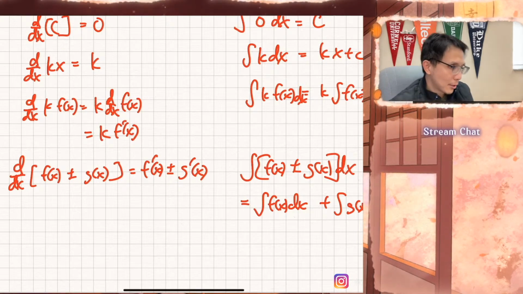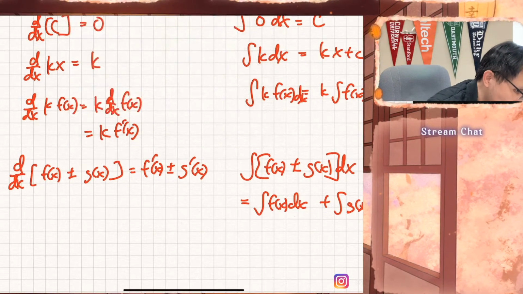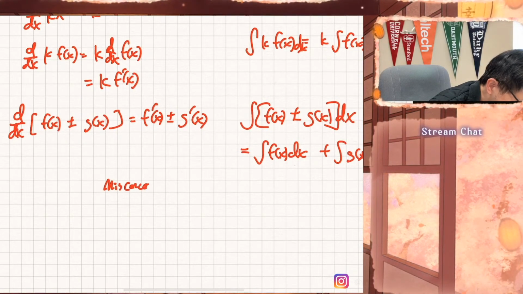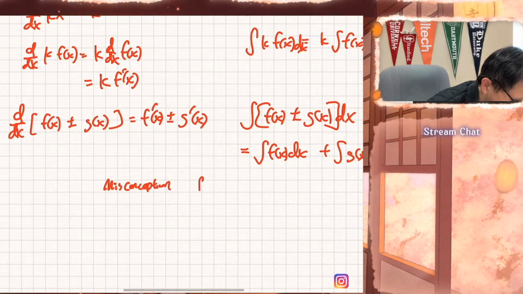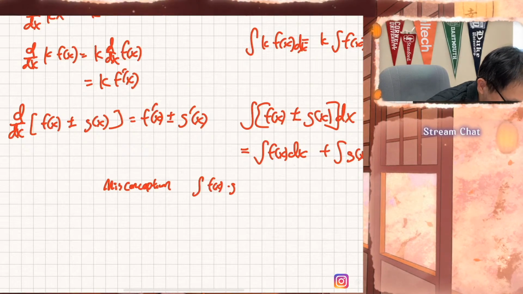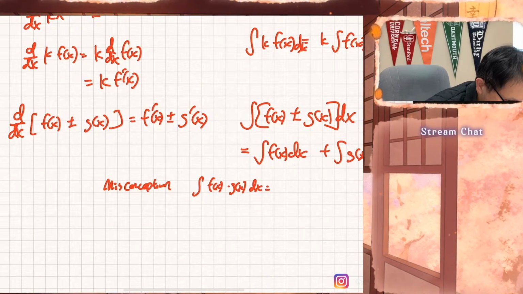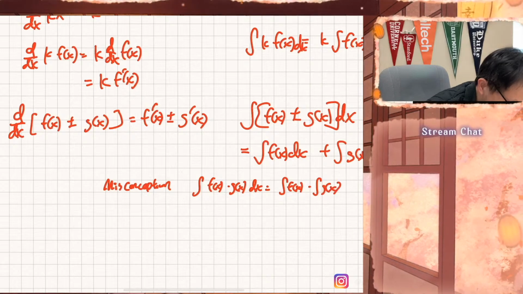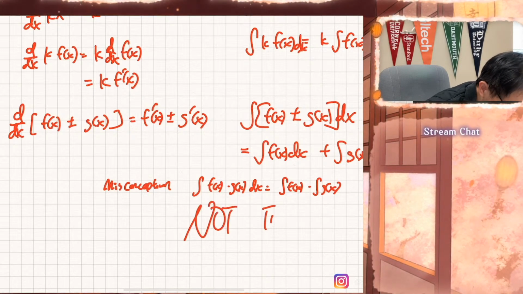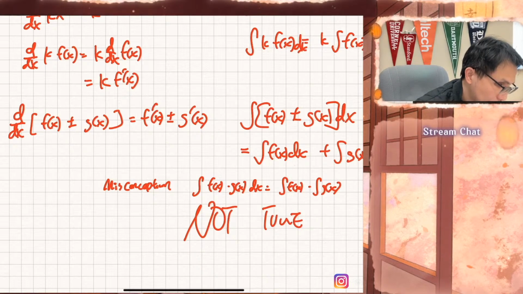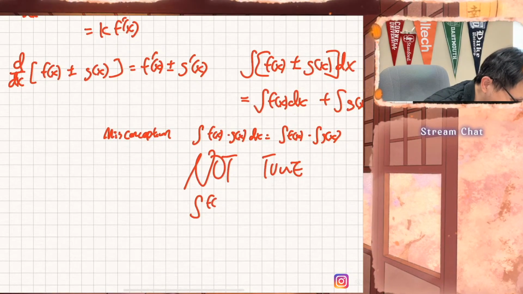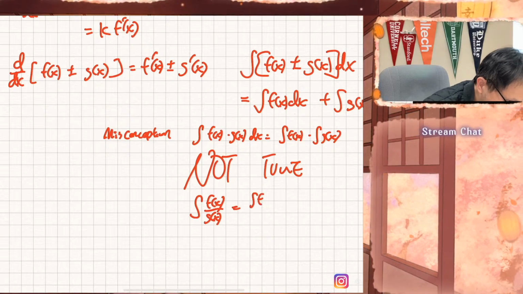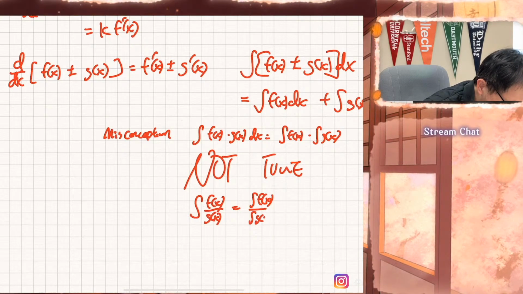However, it never said you can multiply or divide. Never. There was a misconception on the test: people think the integration of f(x) times g(x) dx is equal to the integration of f(x) times the integration of g(x). Not true. The same thing with the integration of f(x) over g(x) being equal to the integration of f(x) over the integration of g(x).